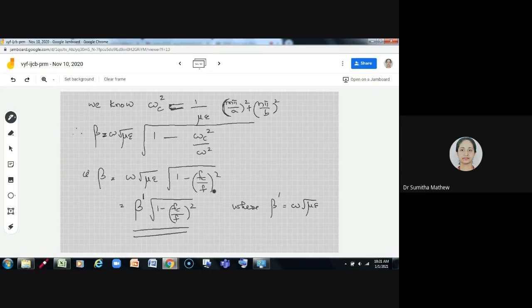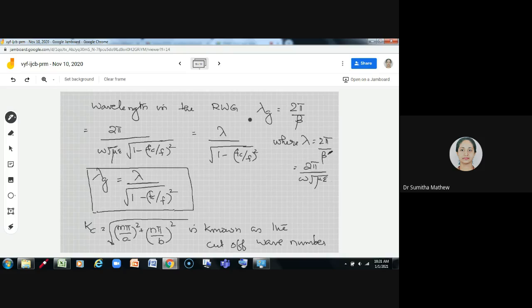So this is the expression for beta in terms of the cutoff frequency fc, which is equal to beta dash into root of 1 minus (fc by f) whole square, where beta dash is omega root mu epsilon.